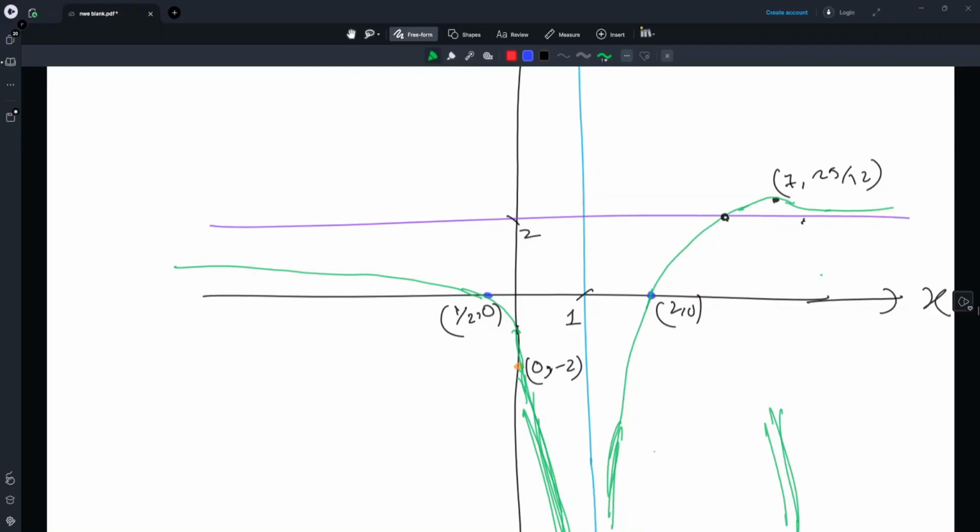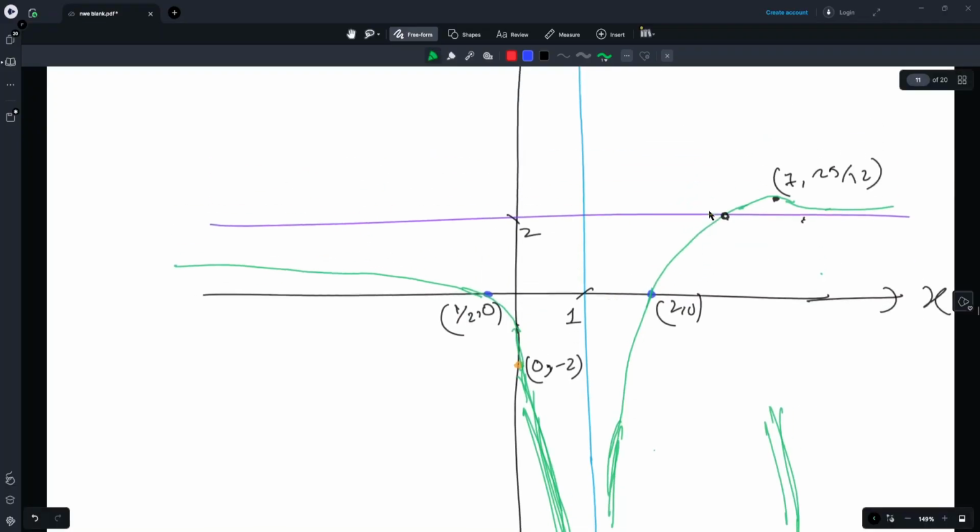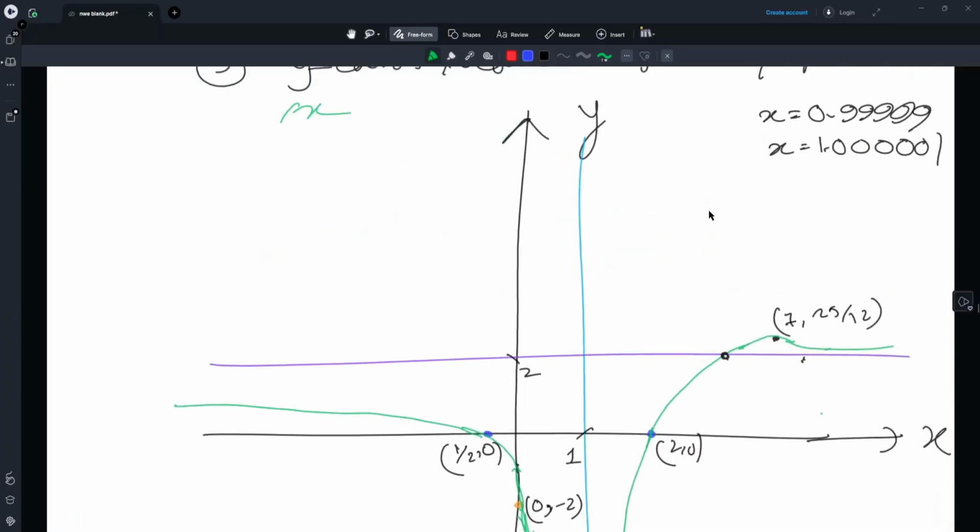You're not defeating that case here. So it still works. So yeah, my graph is finally correct.